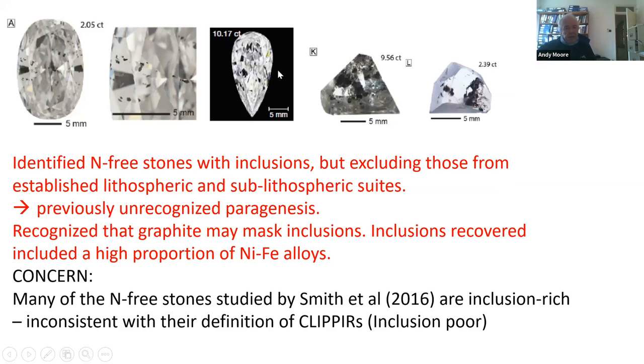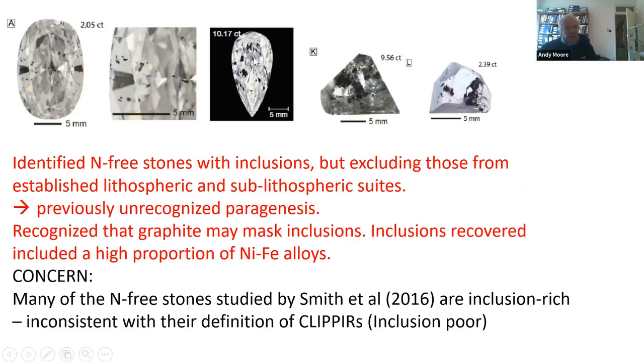On the basis of this, they inferred that the Cullinan diamonds, the clipper diamonds, had a sublithospheric provenance. It should be mentioned that one of the things they picked up was that the graphite inclusions, which are very common in type 2 diamonds, often were masking inclusions which hadn't previously been recognized.